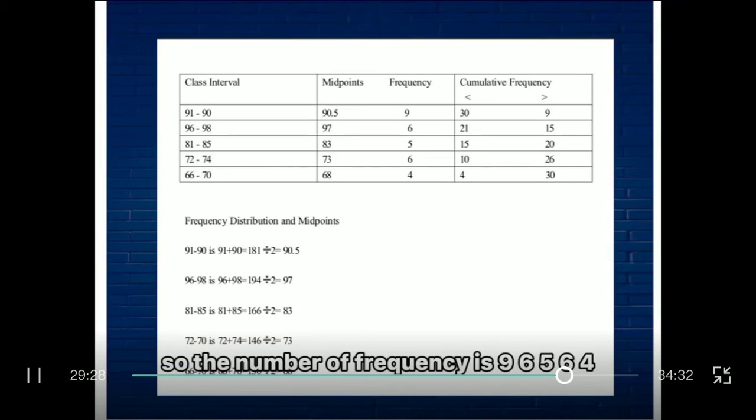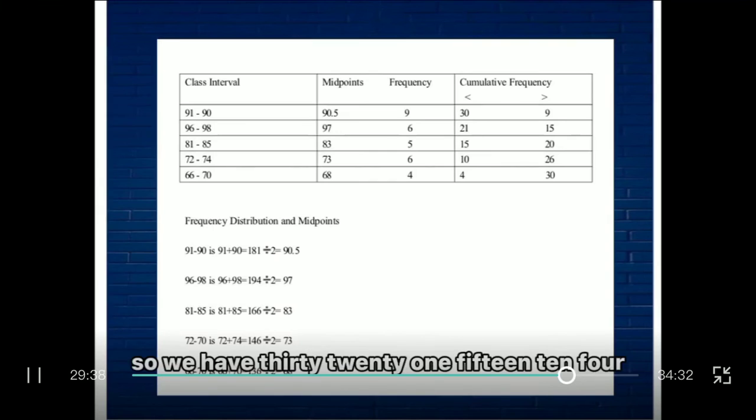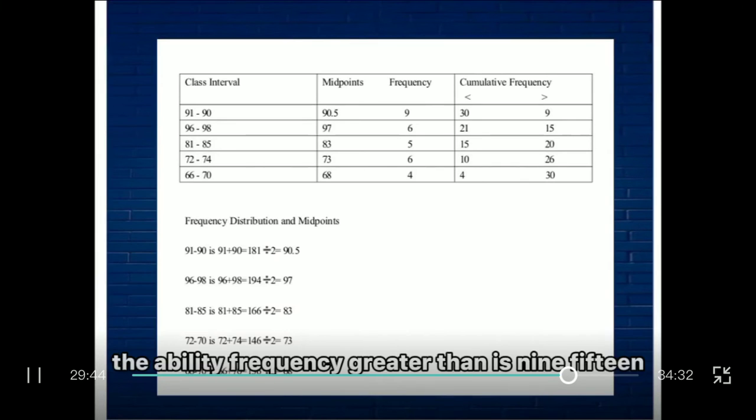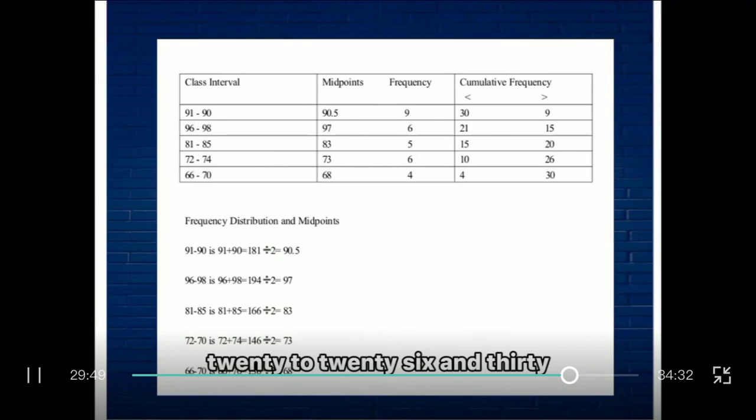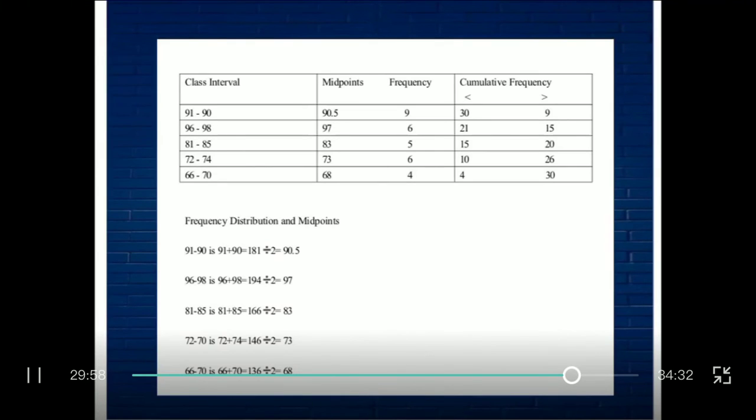So the frequencies are 9, 6, 5, 6, 4. And the cumulative frequency lesser than is 30, 21, 15, 10, 4. The cumulative frequency greater than is 9, 15, 20, 26, and 30. So that is my own example of cumulative frequency.